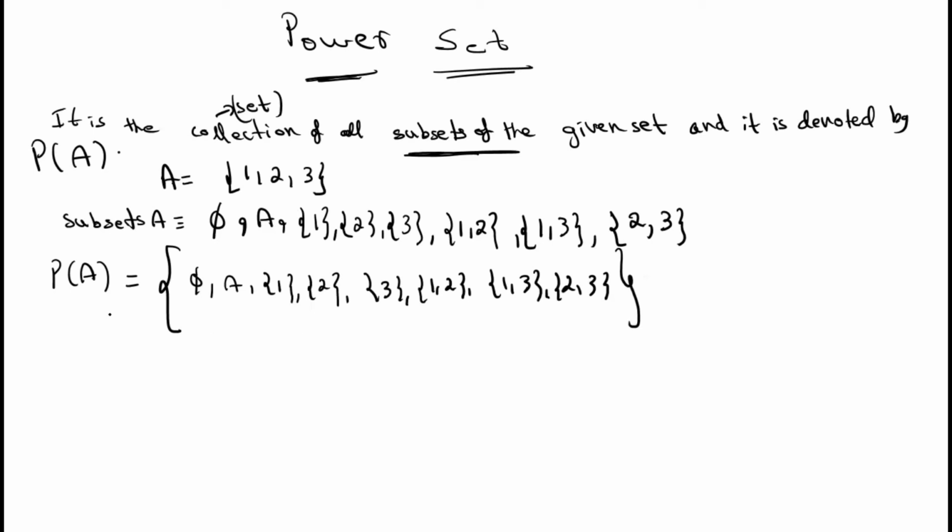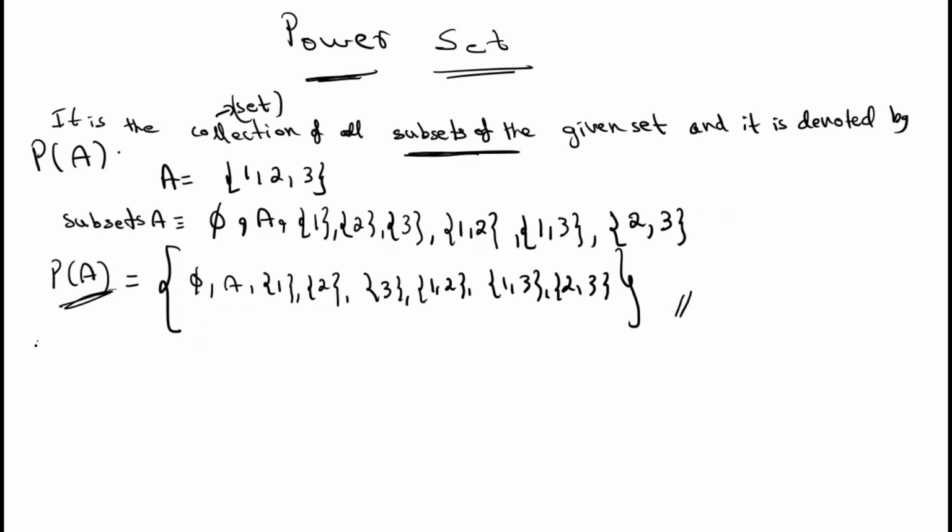This is called the power set of the given set. Clear? For a power set, you collect the subsets inside a flower bracket. The power set of A, denoted by P of A, is the set of all subsets. We call it the power set.